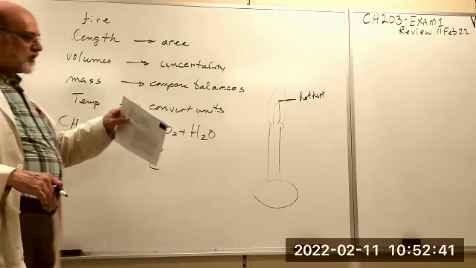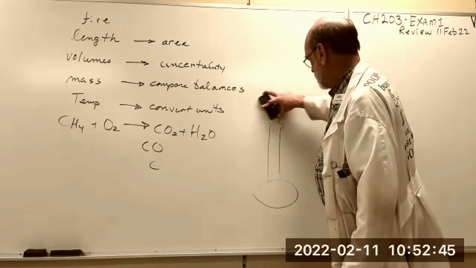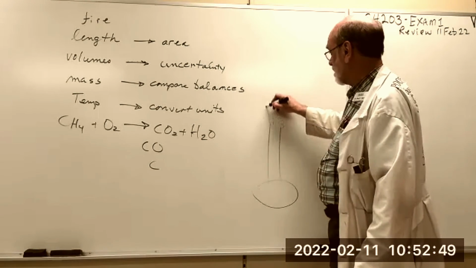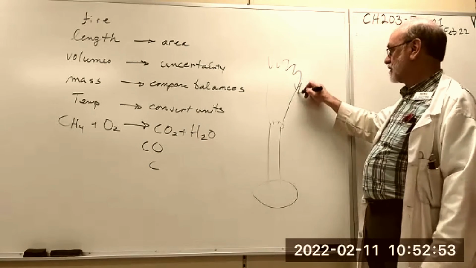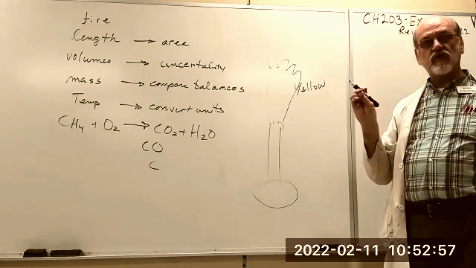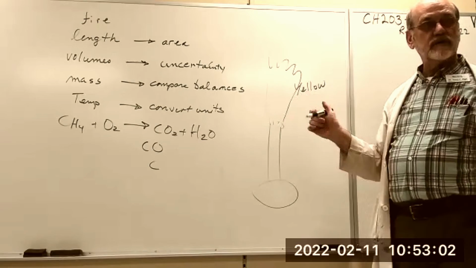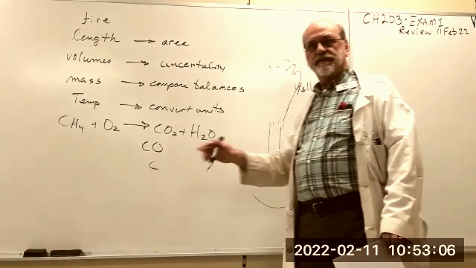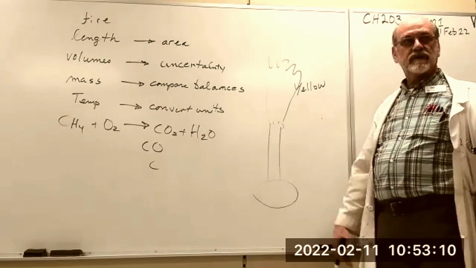So what would a flame look like? Well, a flame that's incomplete combustion would be usually a lot bigger, like that, and it's kind of yellow. Okay, it doesn't have any structure except for this difference in color. Why is it yellow? Well, you get this soot, this incomplete combustion, this carbon, and you heat it up.